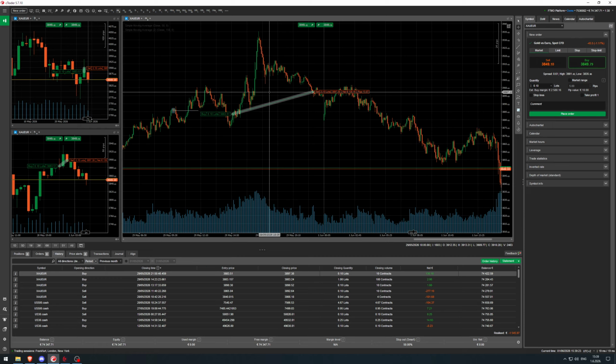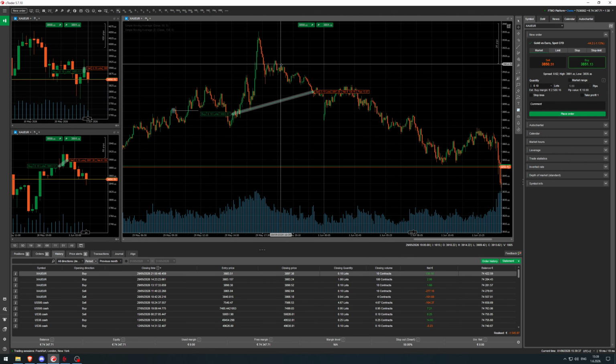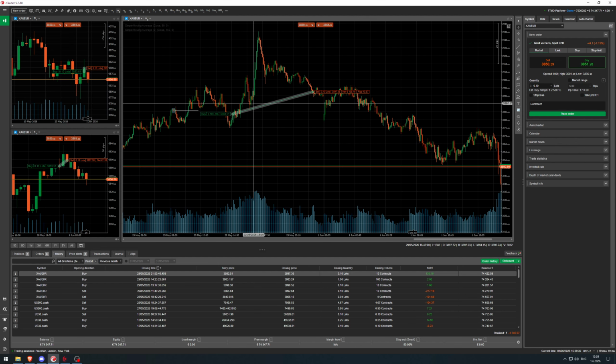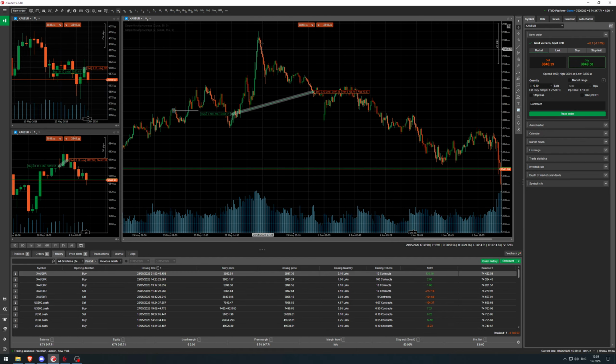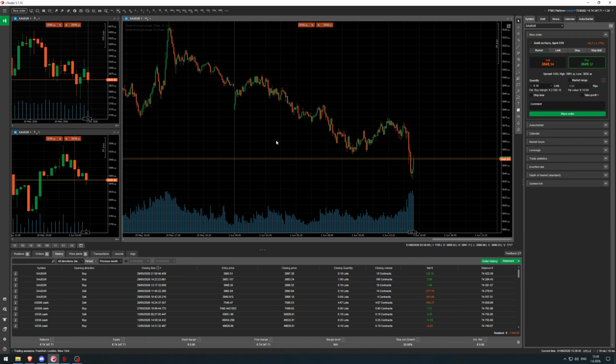So I placed my stop loss somewhere around here, saying okay, 130 euro is a nice profit. And as it went up, it just continued down. So this run here was completely ignored and just pushed all the way back down.